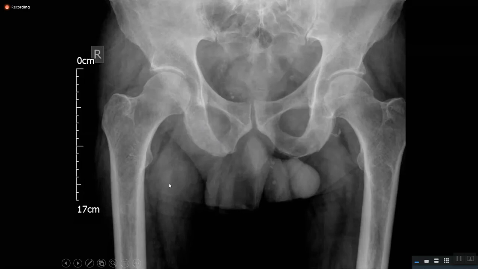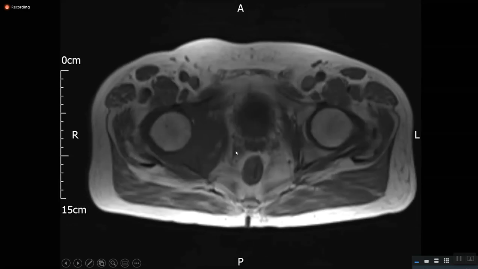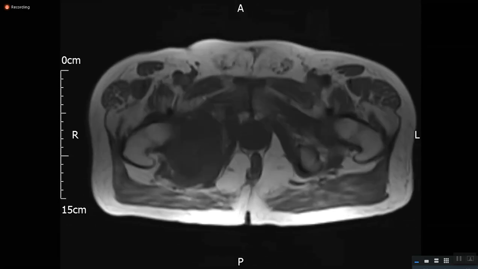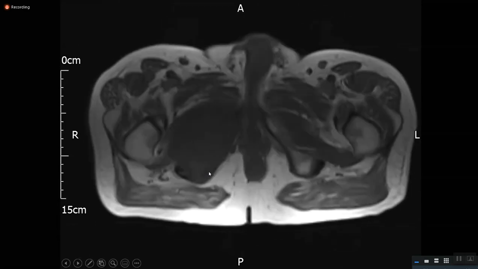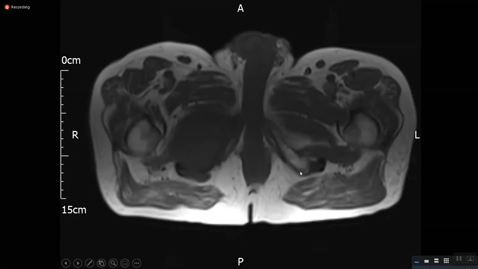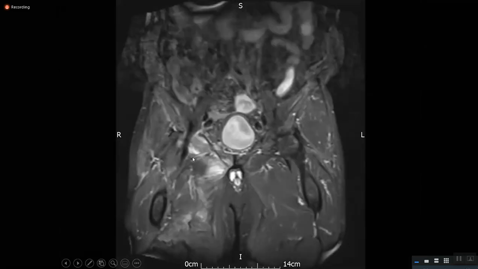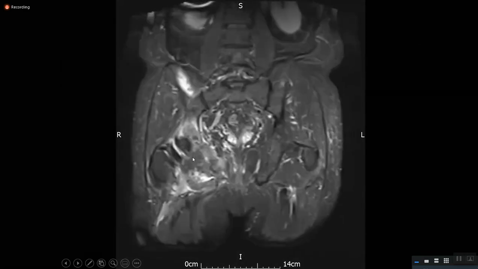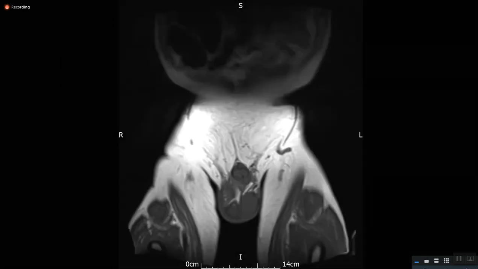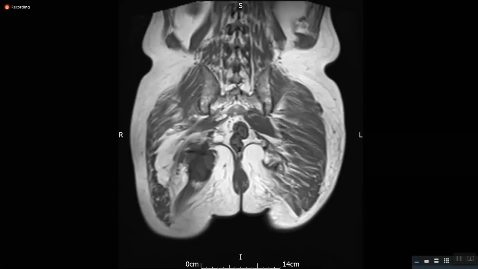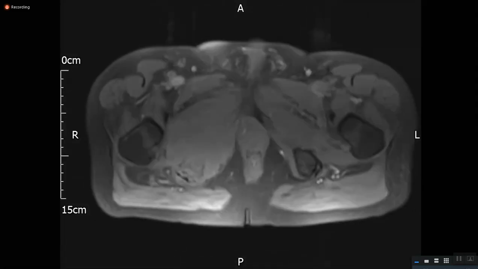Now, on a T1 weighted sequence, there is destruction, and with that a huge soft tissue lesion, and of course the inferior ramus, the ischial tuberosity, the acetabulum, everything is involved. And then the same thing. I've given you too many sequences. Usually they will just give you 2 or 3 sequences, and maybe just axial, so you have to develop your eyes.